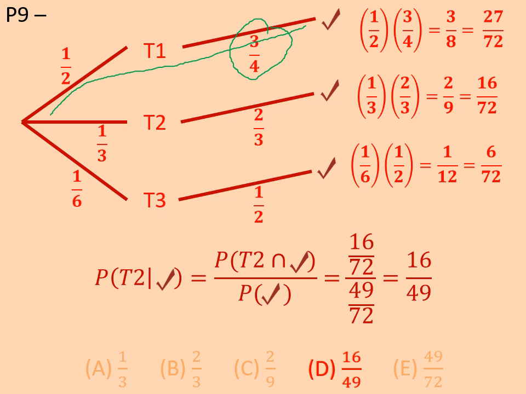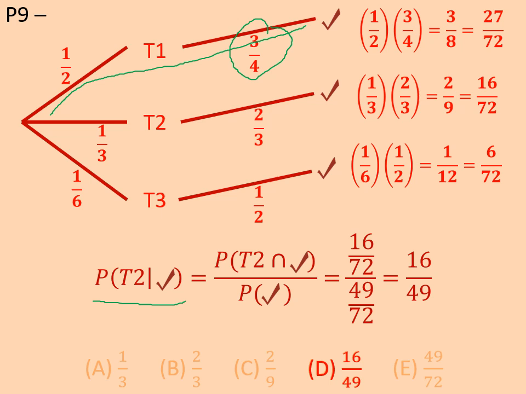So what we're trying to calculate is, given that they gave an excellent rating on Yelp, what's the probability that they were on tour 2? So what's the probability they're on tour 2 given that they said excellent on Yelp?